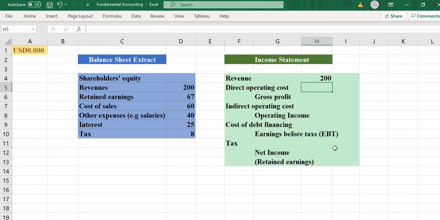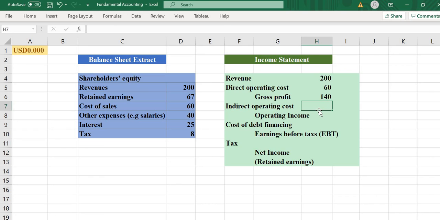We have direct operating cost, in this case, that's the cost of sales or the cost of goods sold. Then we calculate the gross profit, equal to revenue minus direct operating costs, or cost of goods sold. We have the gross profit equal to 140.